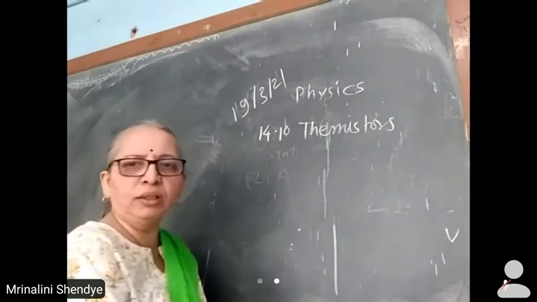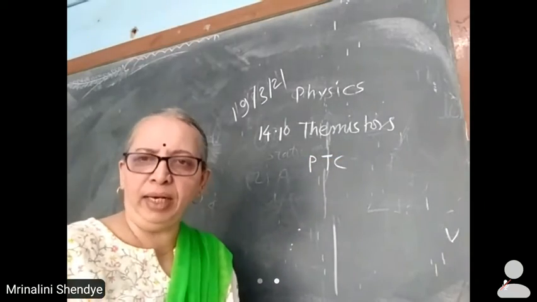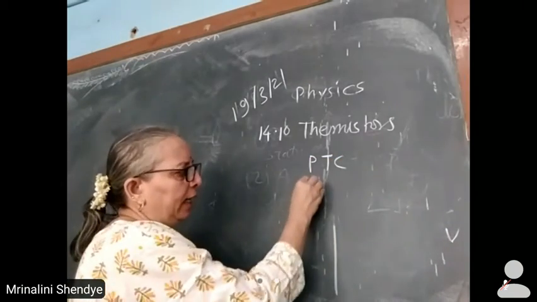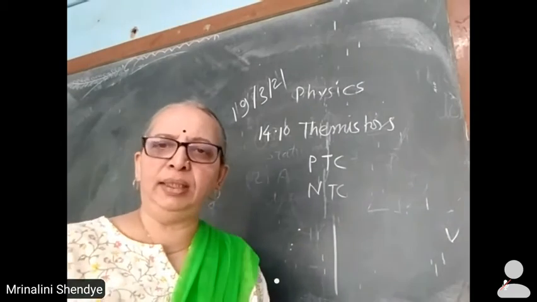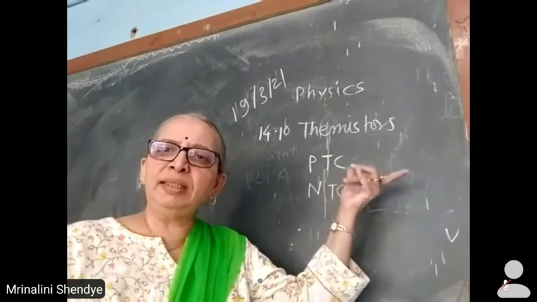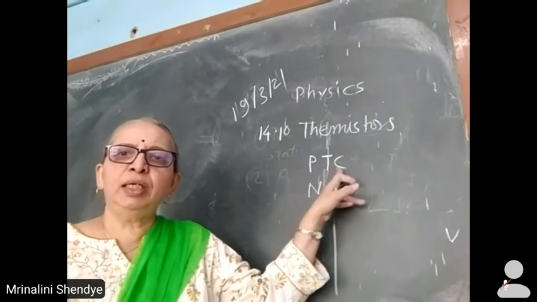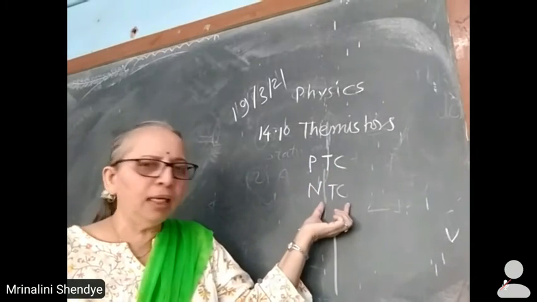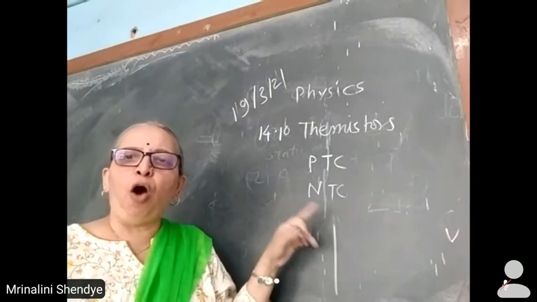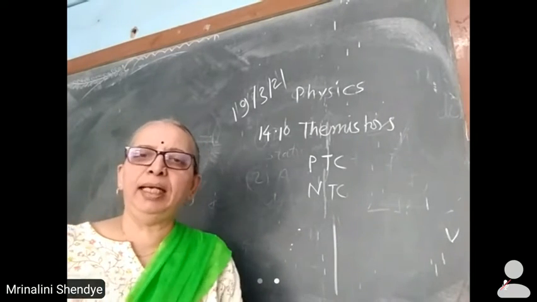PTC is positive temperature coefficient of resistance, and NTC is negative temperature coefficient of resistance. A few thermistors are designed for which the temperature coefficient of resistance has a positive value, and a few more for which it has a negative value.